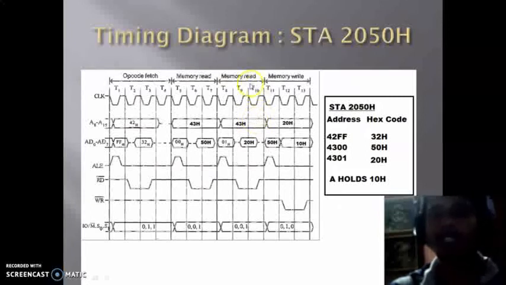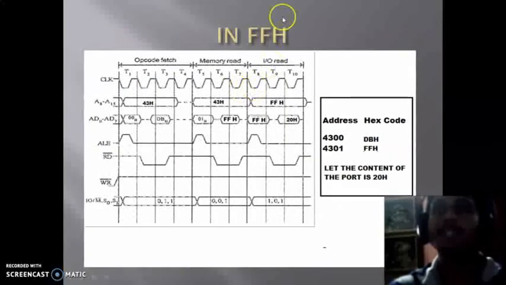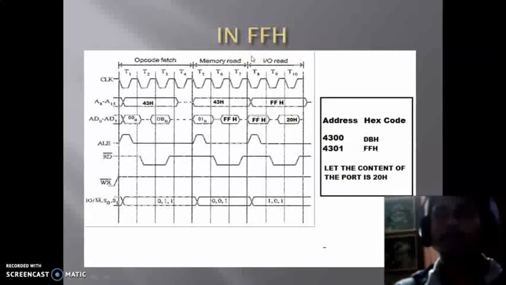Now I am going to discuss the IN operation, that is IN FFH. In case of IN FFH, this is basically a 2 byte instruction. The hexadecimal code of the IN operation is DB, which is stored in 4300H, and the next byte, FFH, is the port address from which the data can be read from the input output devices.